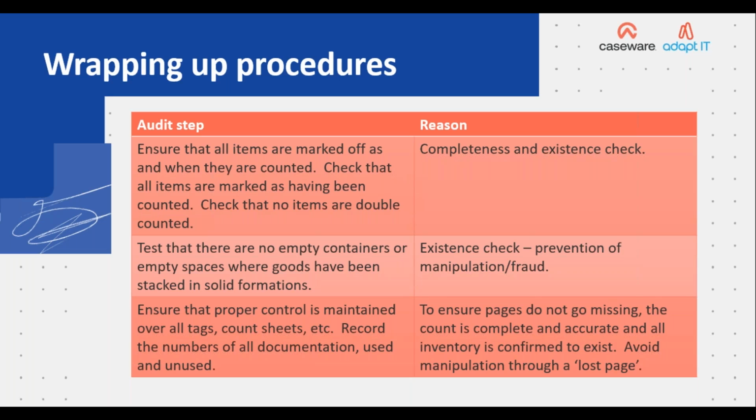So yeah, it is important for you to check that there are no empty containers. This is again to prevent manipulation or fraud. Ensure that proper control is maintained over all the tags and the count sheets.